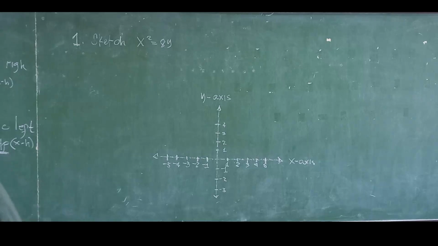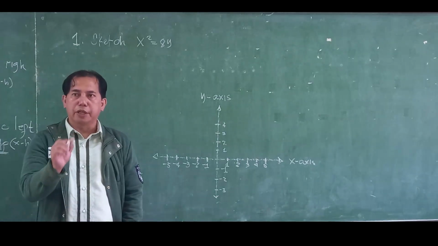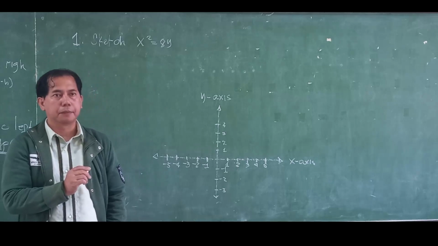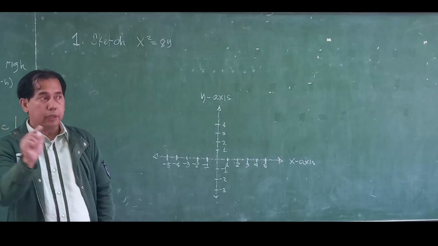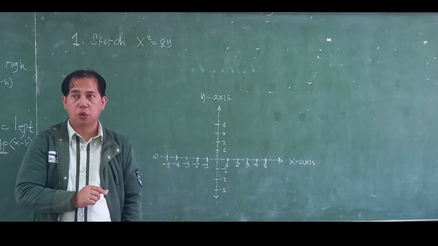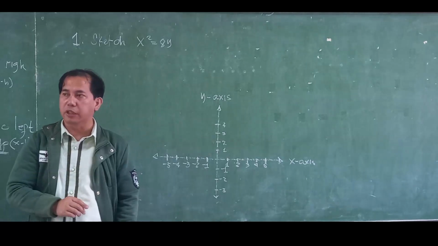When we are going to discuss the sketching of the parabola, these are the things that you're going to consider. Number one, locate, if you can locate immediately, the focus. Number two, locate, if you can locate immediately, the vertex.